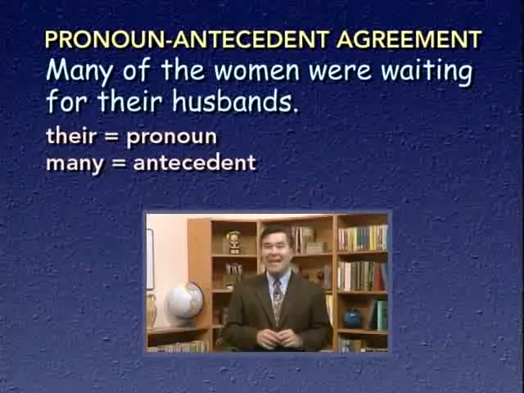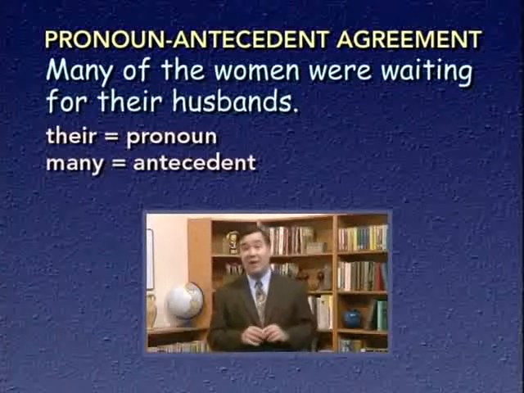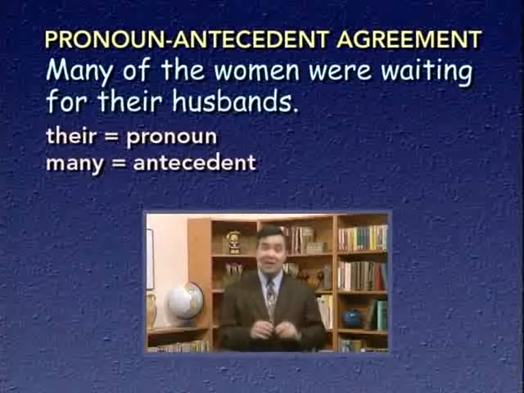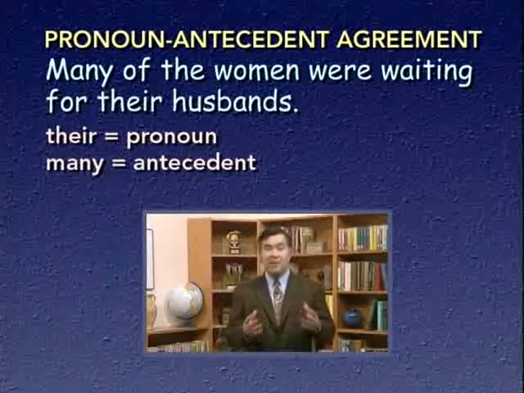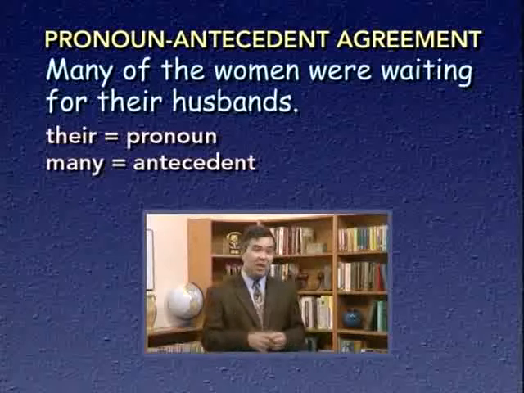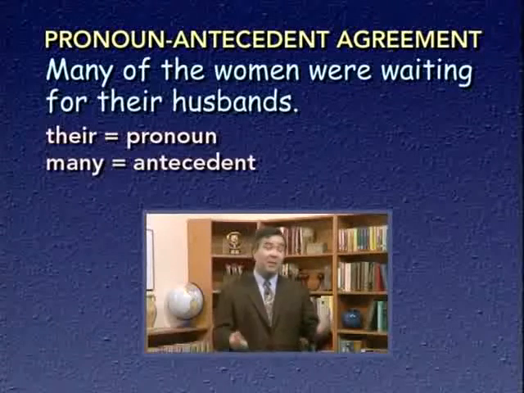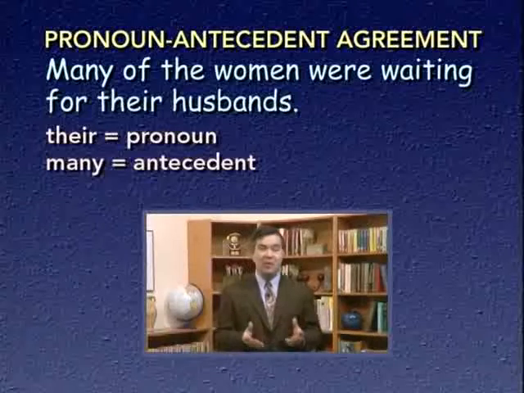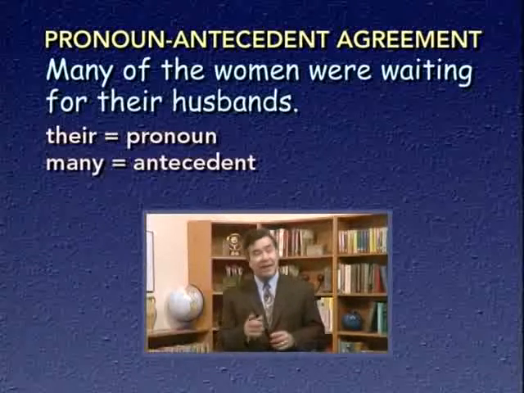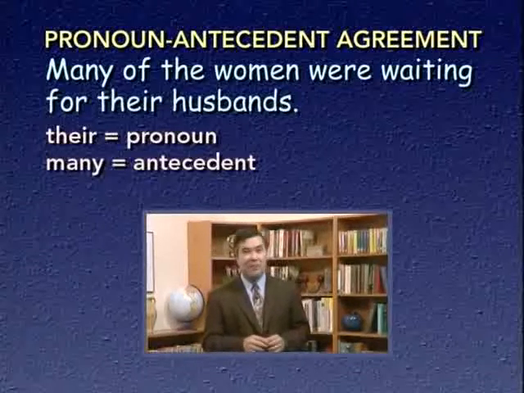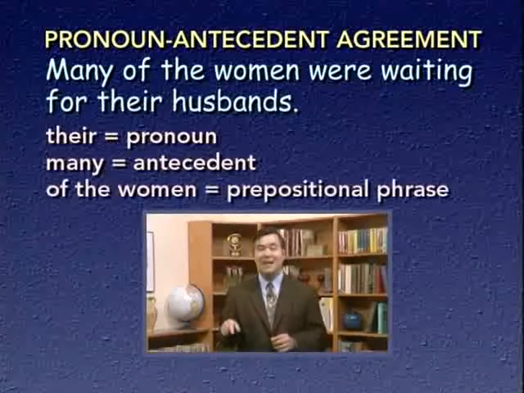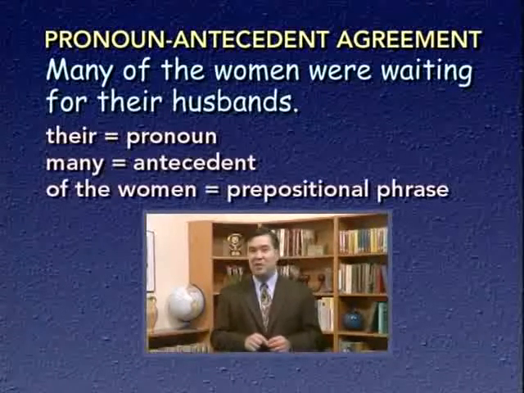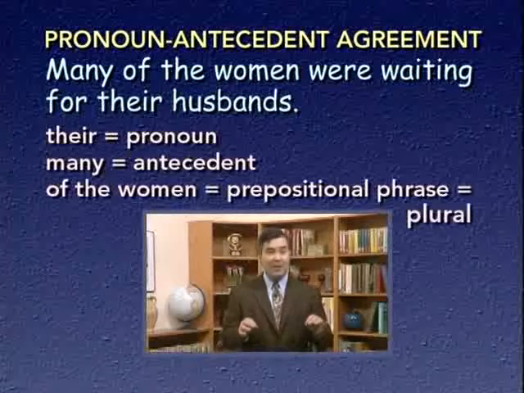Once again, many is one of our SANAM pronouns, those five pronouns which may be either singular or plural, depending on how they're used. And our tip is always to look at the prepositional phrase that follows the SANAM pronoun to help you determine whether it's singular or plural. In this case, many is followed by the prepositional phrase of the women, and the object of that prepositional phrase is plural, women.